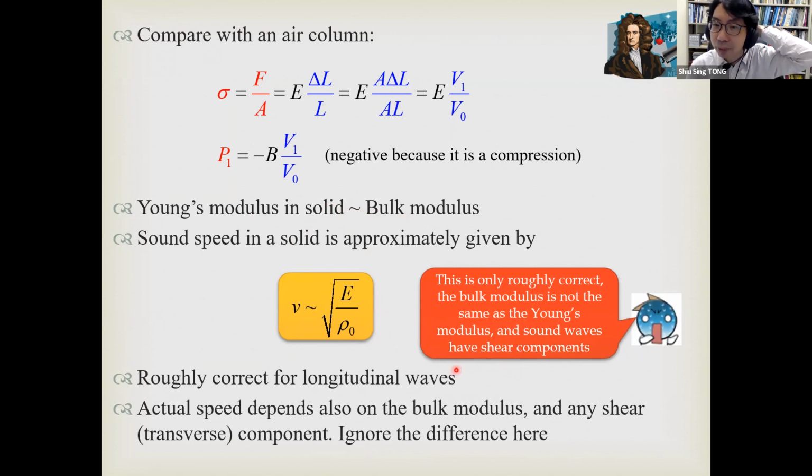The reason is subtle, because the solid actually gets compressed laterally, so the bulk modulus is not exactly the same as the Young's modulus. So this formula is not strictly correct. But I do not want to go into a very detailed discussion about the difference. This formula can give you an order-of-magnitude estimate of the velocity of sound in a solid.